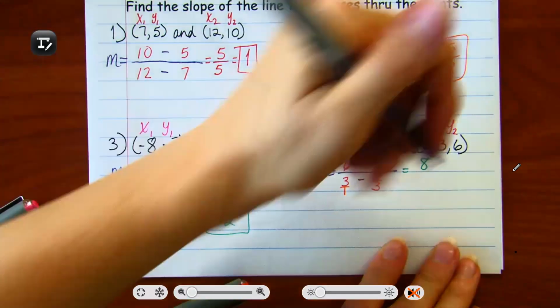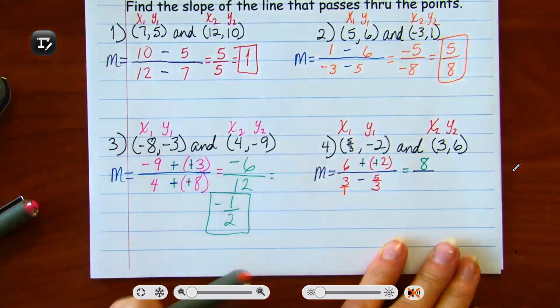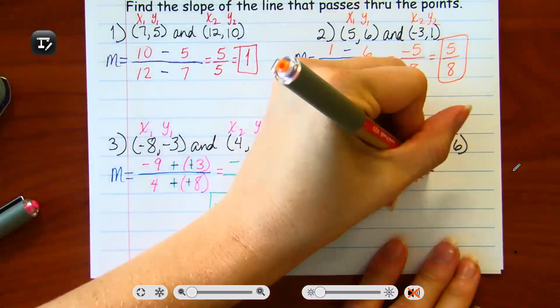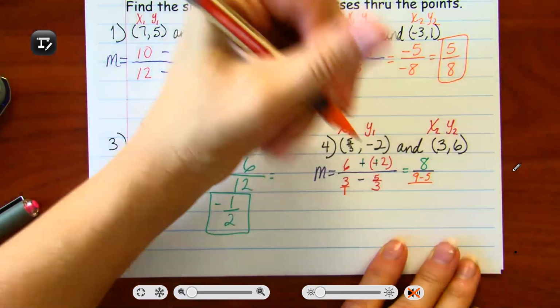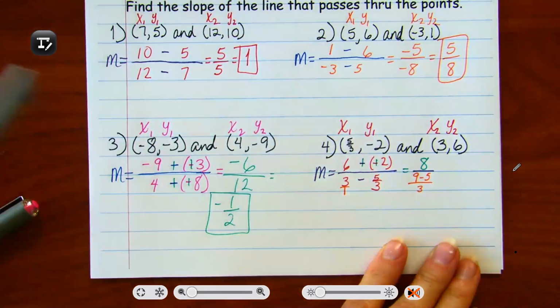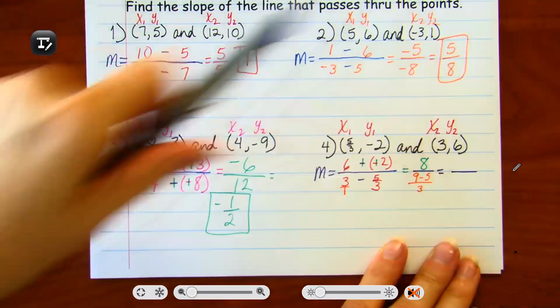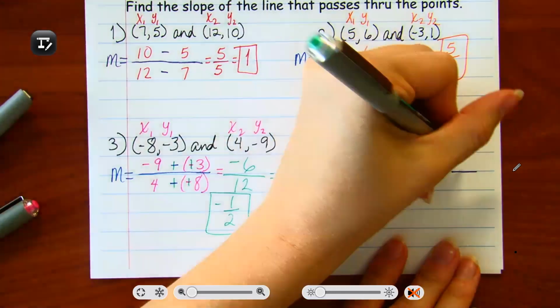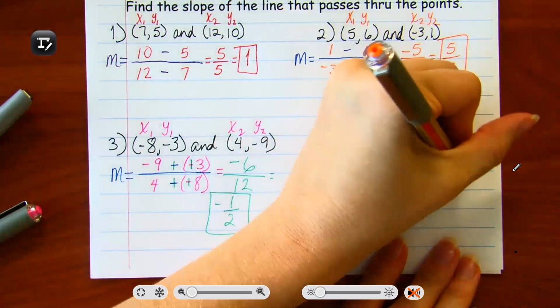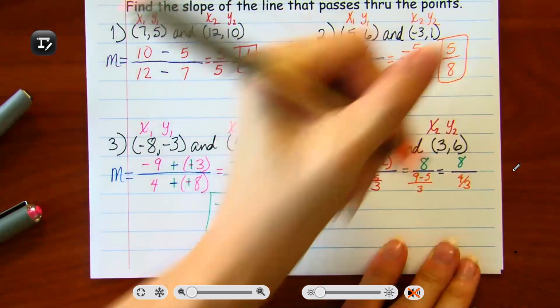So I would use the bow tie method. So 3 times 3 is 9, minus 1 times 5, which is 5, all over 1 times 3, which is 3. Nine minus 5 is 4. So I have 8 over 4/3.